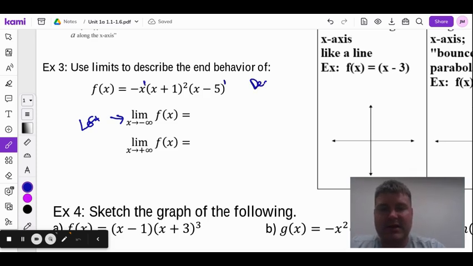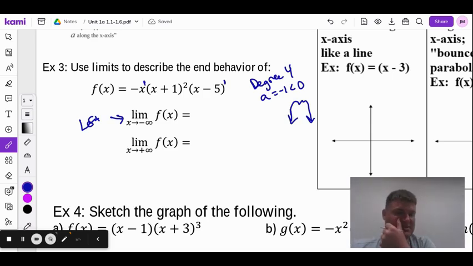We have degree 1, 2, 3, 4. We have degree 4. And my a value is going to be negative 1, which is negative. So I have some sort of even degree function that looks something like that. So my left end behavior is going to be equal to negative infinity.